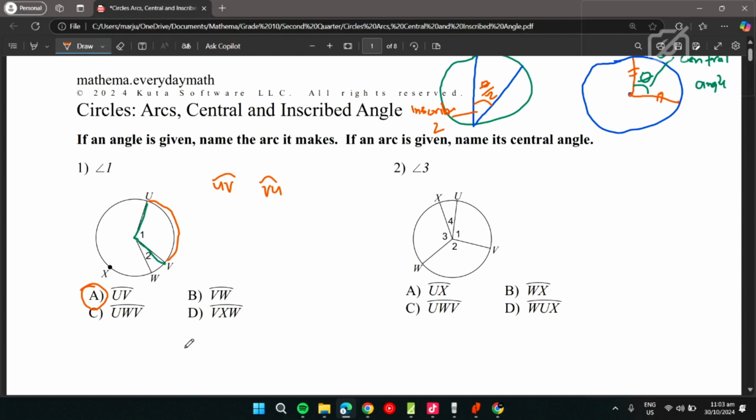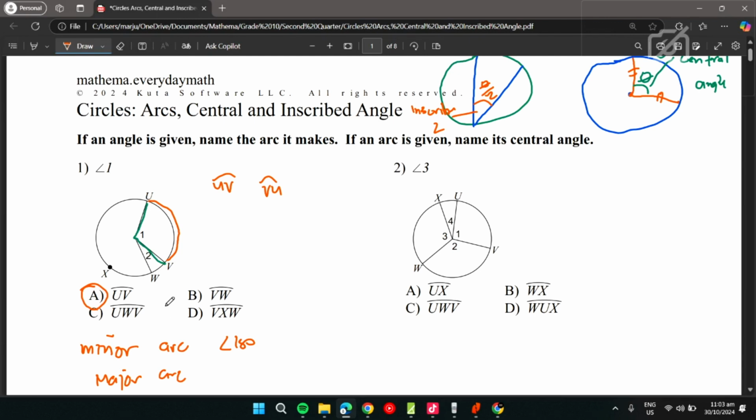Pag sinabi nating major arc, so meron tayong concept na naman. Minor arc and major arc. Ang minor arc is less than 180. Alright? Pag major arc is greater than 180, no? Equal or greater than 180. Tandaan natin yan. And we can actually identify them using ito. Pag 3 letters, major arc yan. Pag 2 letters, minor arc lang yan.